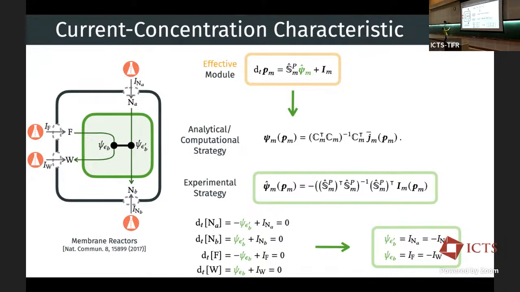I should derive them, but it's something like F minus W. Here there are products of the kinetic constants of the elementary network. And then in the denominator, you have something like F plus W plus NA plus NB, all multiplied by some kinetic constants. The expression is not so different from a Michaelis-Menten one, just more complicated because you have more species.